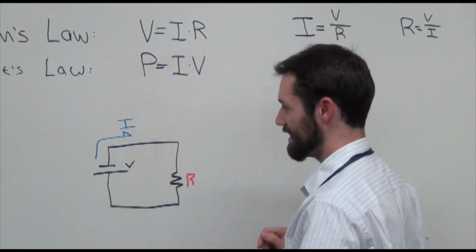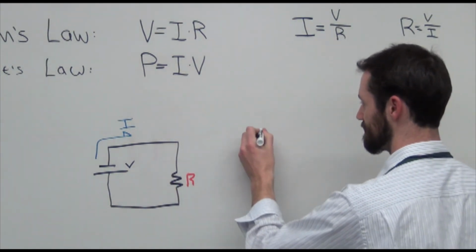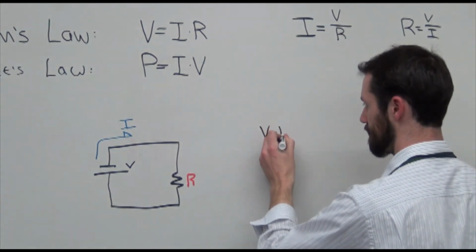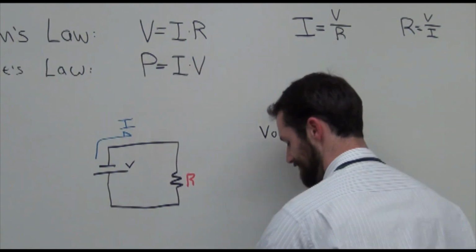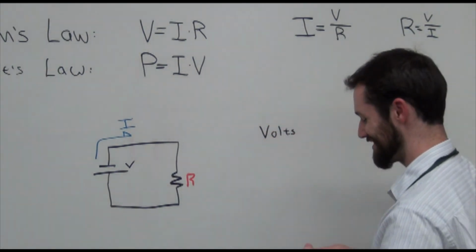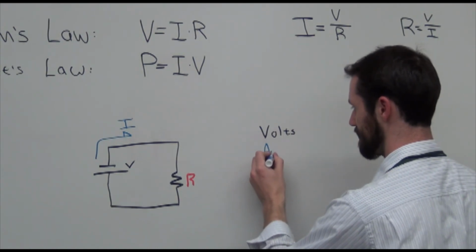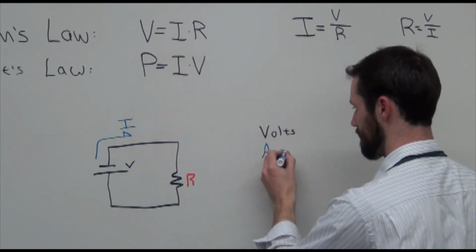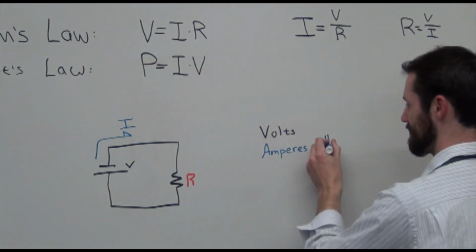So voltage is measured in volts. Current, color coordinate this, is measured in amperes. Amps.